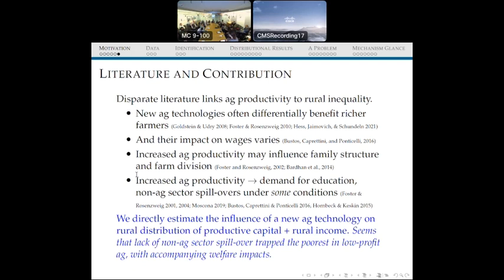And yet there's a lack of non-ag sector spillover as a place for them to go. So there's not a second market for them to escape to in these areas where the high-yielding varieties are rolling out if they're stuck on these really small plots of land.